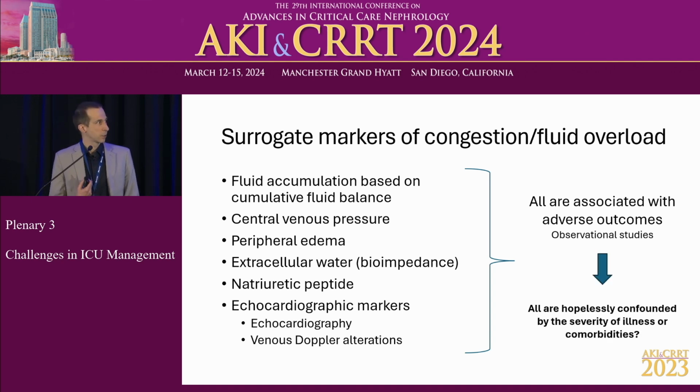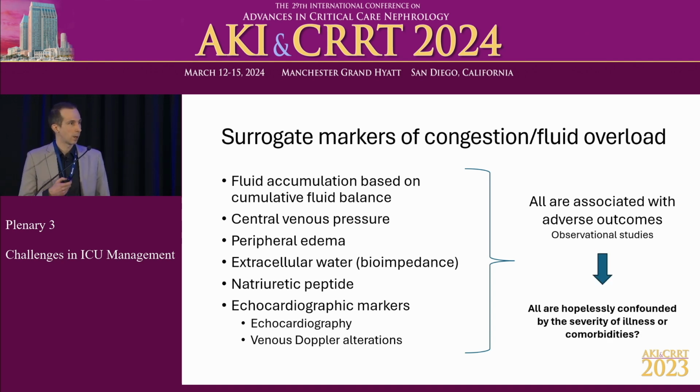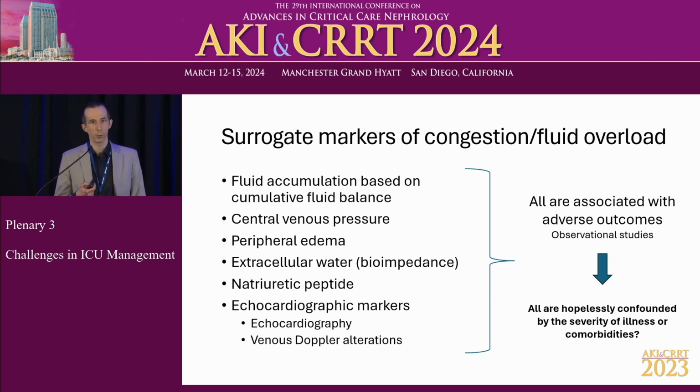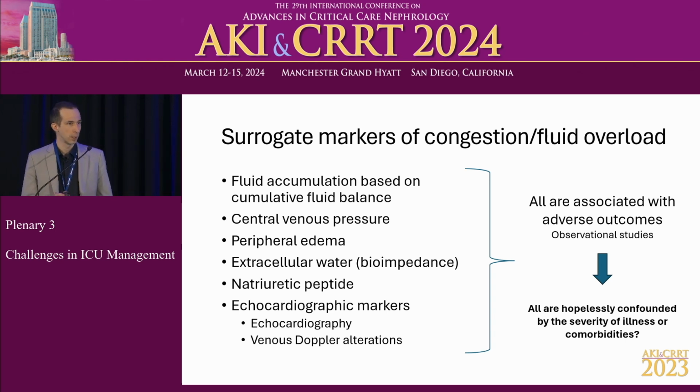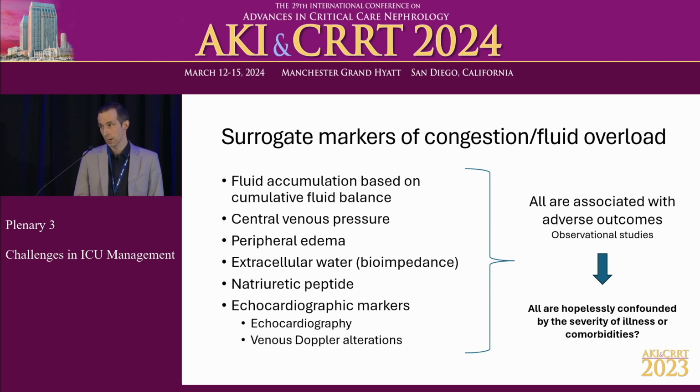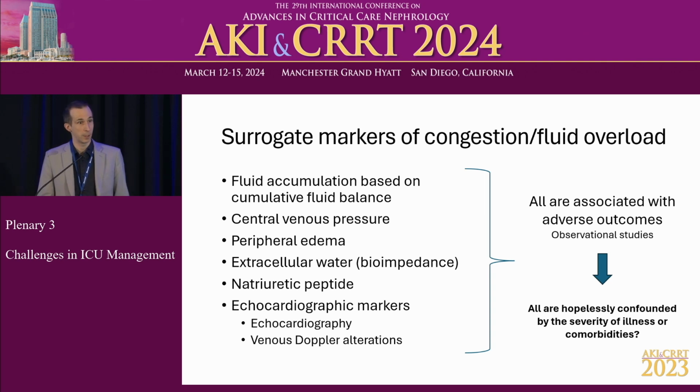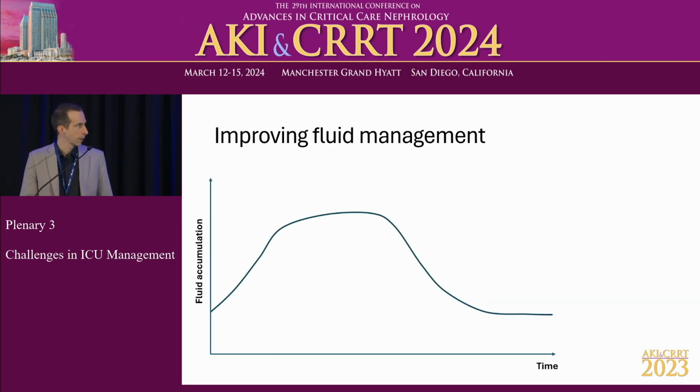Okay? But there's a case to be made that, by definition, it is highly probable that there is residual confounding despite our adjustment efforts, because all of these surrogate markers are associated with the severity of illness and also the patient comorbidities such as heart failure.